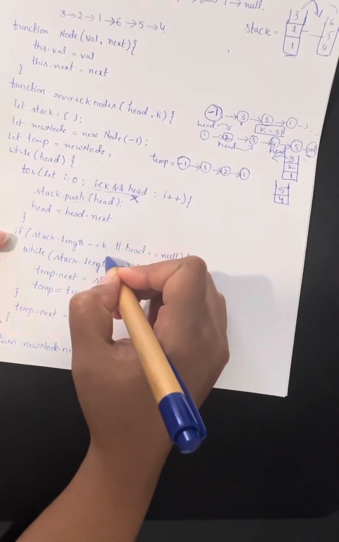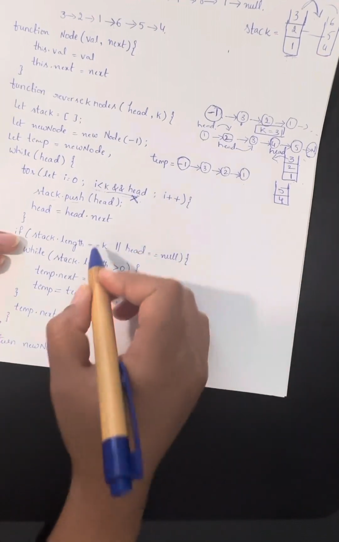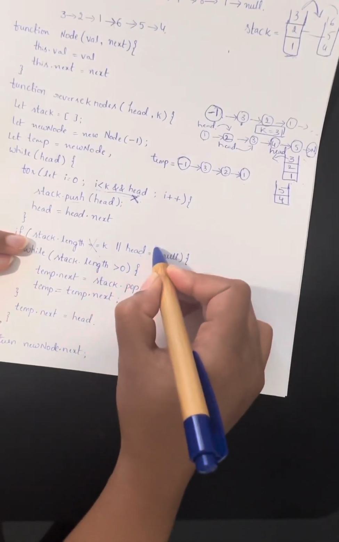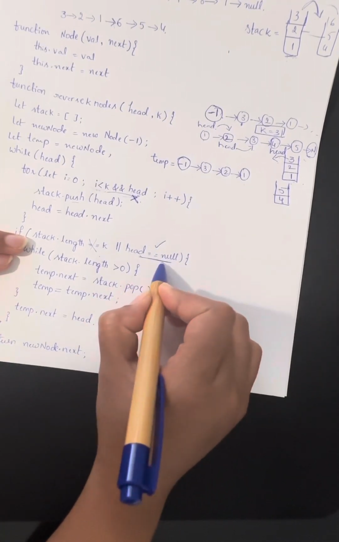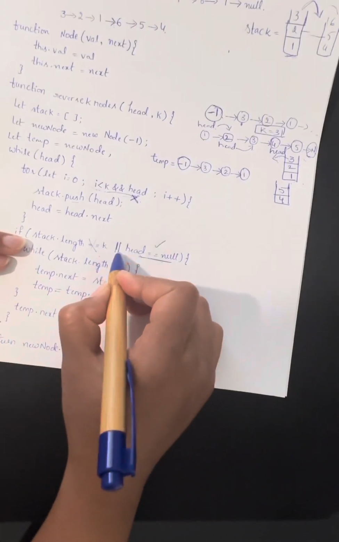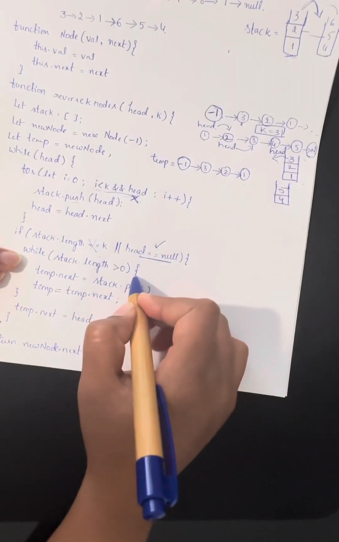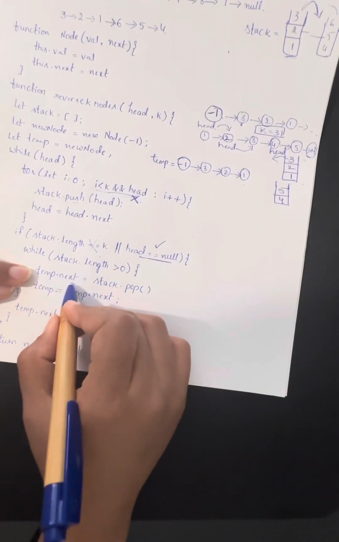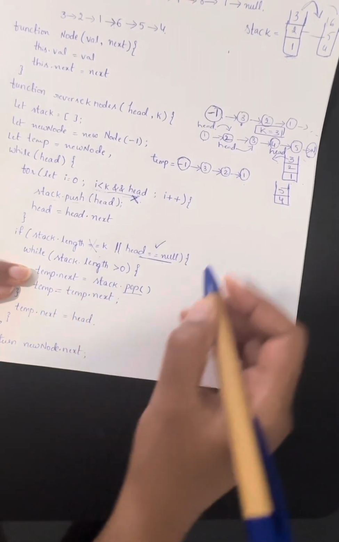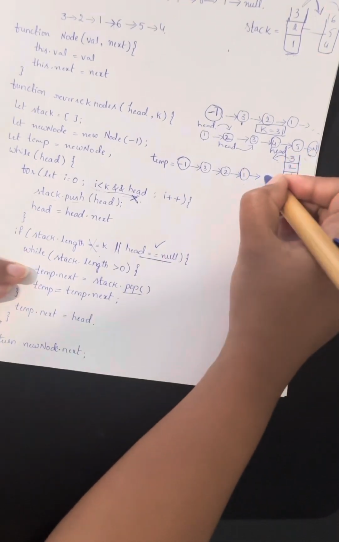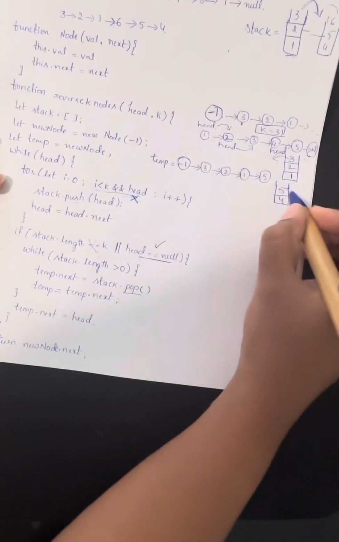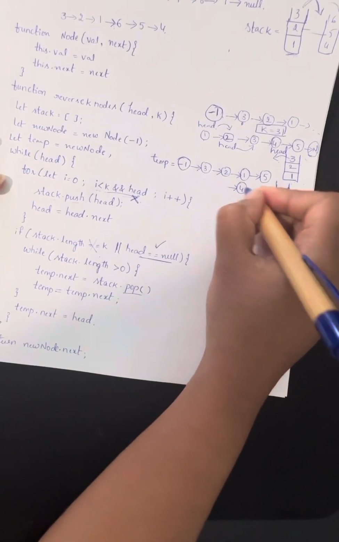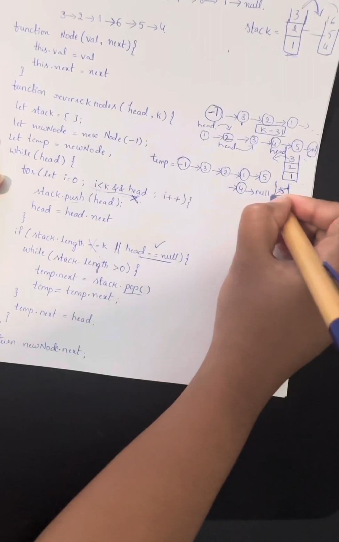So it comes to the if condition, and stack dot length is not equal to k, but head is equal to null. So this condition is true, and since it is an OR condition, it enters this while loop, and we'll have temp dot next equals stack dot pop, which becomes 5, and the next element in the stack is 4, and then null.